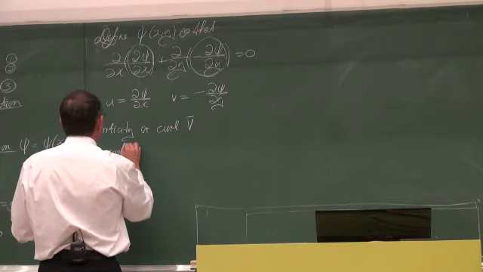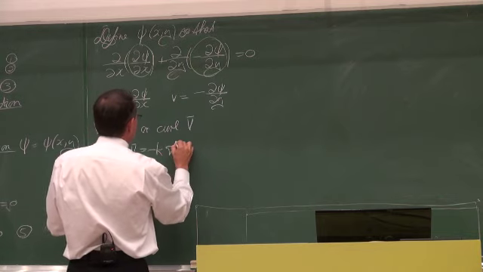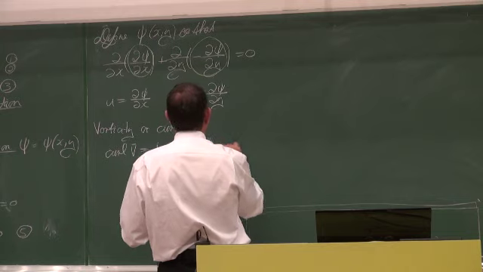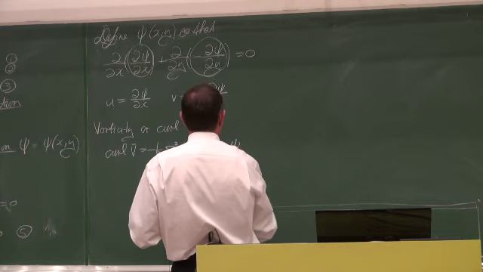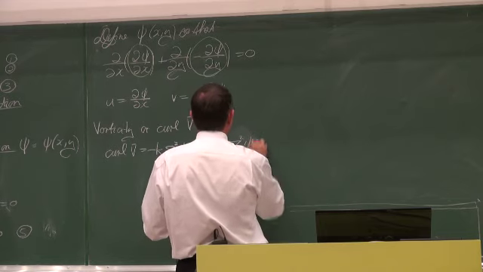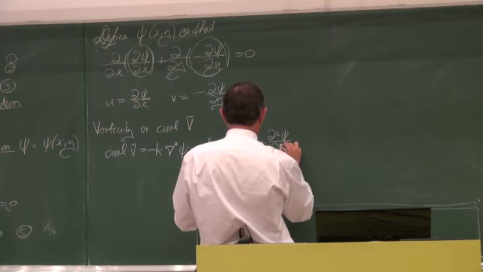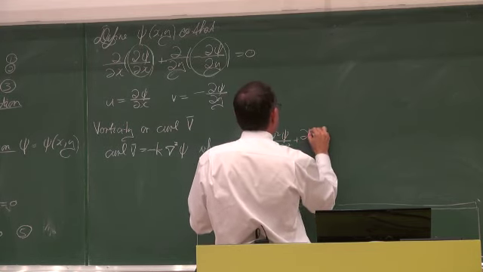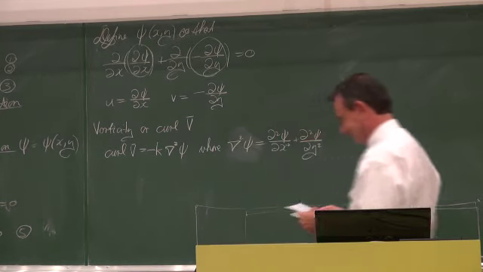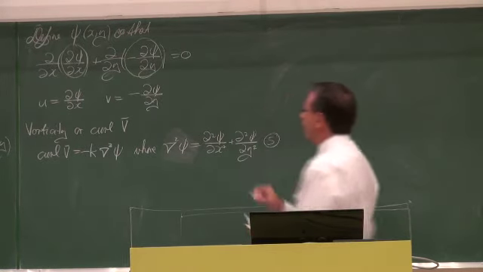Because the curl of the velocity vector v is equal to minus k grad square of psi, where the grad square of psi is equal to the second partial of psi with respect to x squared plus the second partial of psi with respect to y squared. And this is now equation 5.